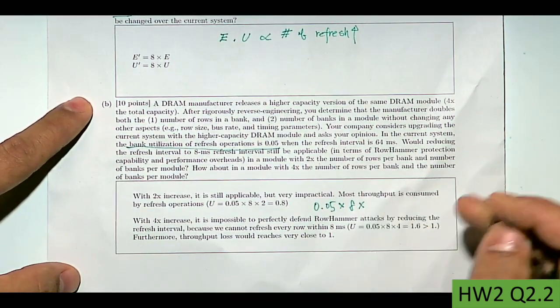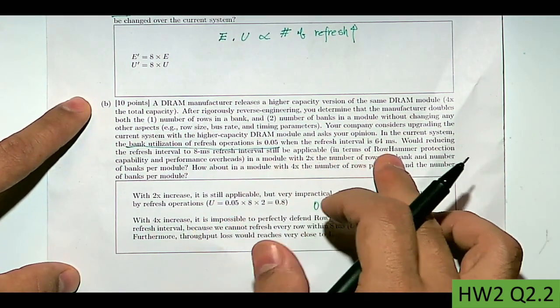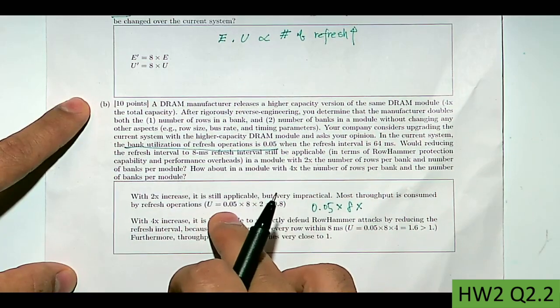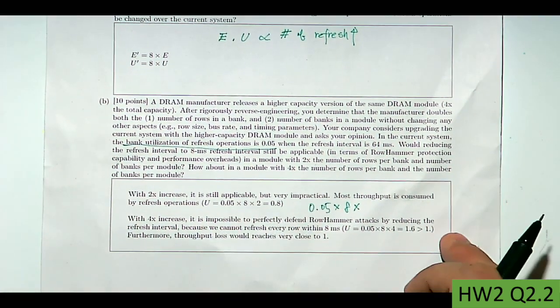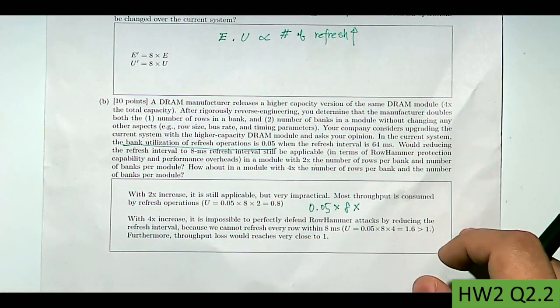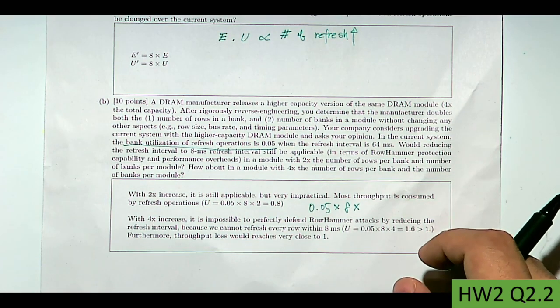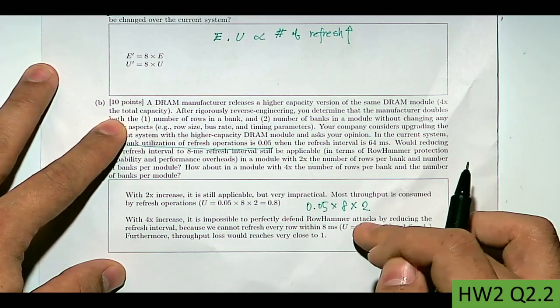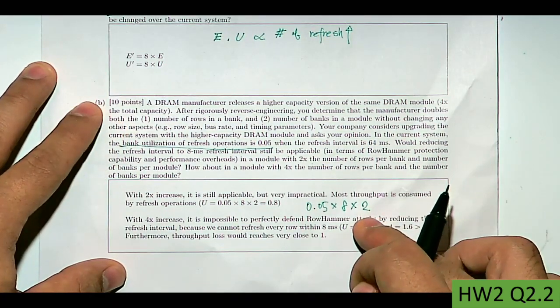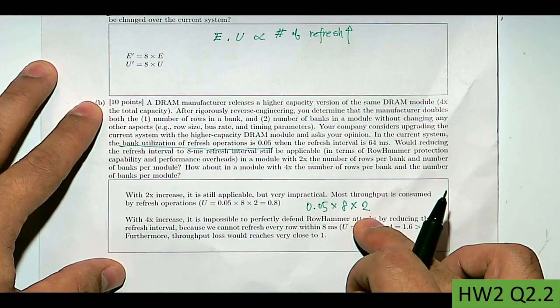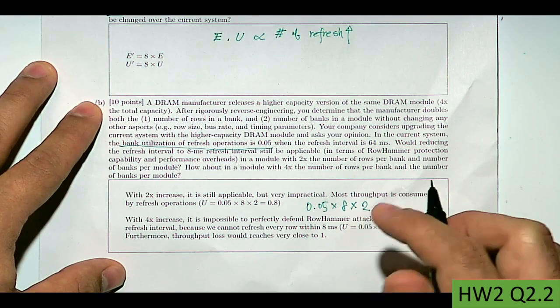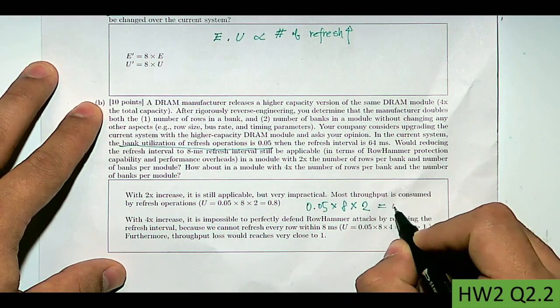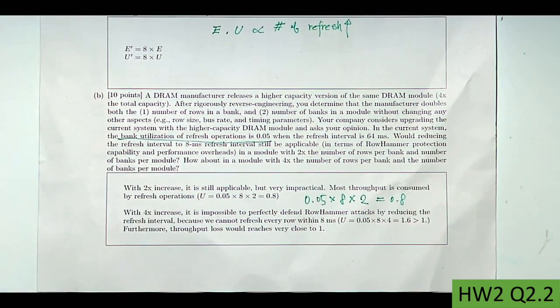And here is some fake information, right? The bank utilization is not affected by the increase of the number of banks in a module. So we just multiply by 2, which means double the number of rows in a bank. And this is 80%. So this is possible.